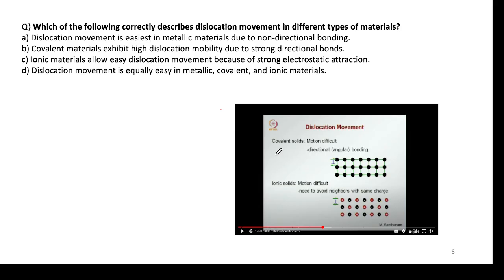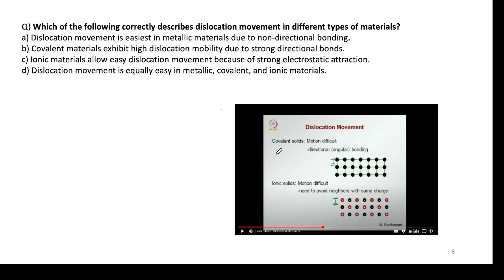Metallic material has non-directional bonding. Option B: covalent materials exhibit high dislocation mobility due to strong directional bonding. Covalent bonding is directional bonding.